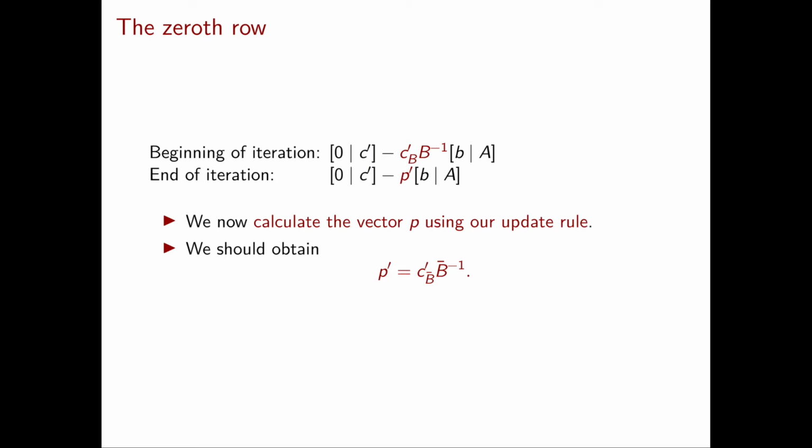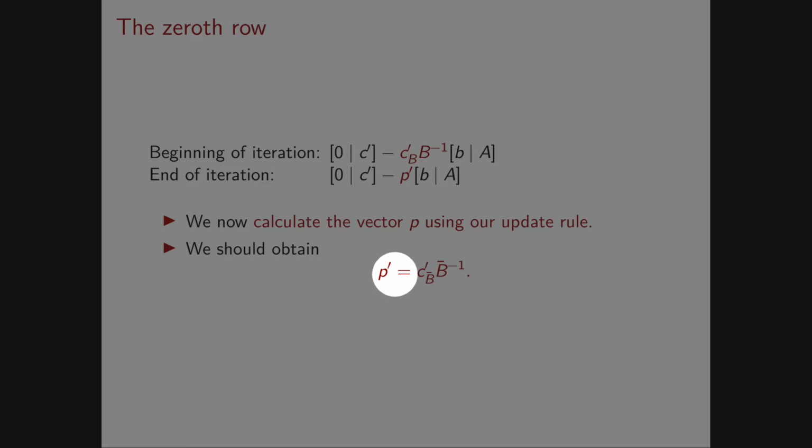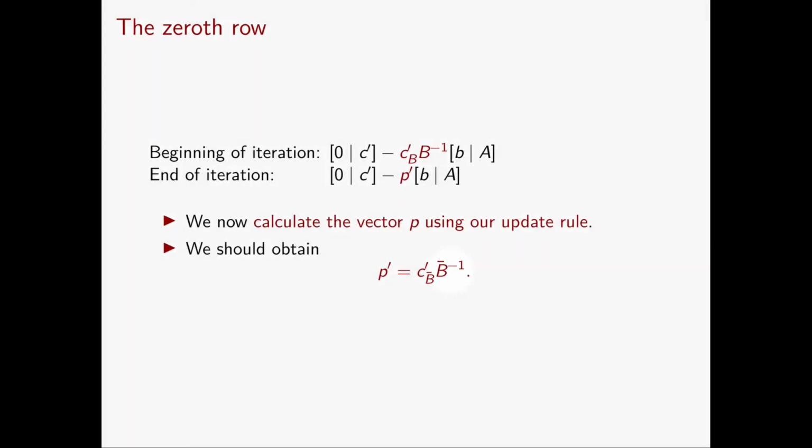For these entries of the 0th row, we will be able to understand exactly how the 0th row will look at the end of our iteration, so after having applied our update rule. In this way, we will obtain a system of linear equations that will allow us to show that p transpose is equal to CB bar transpose B bar inverse.